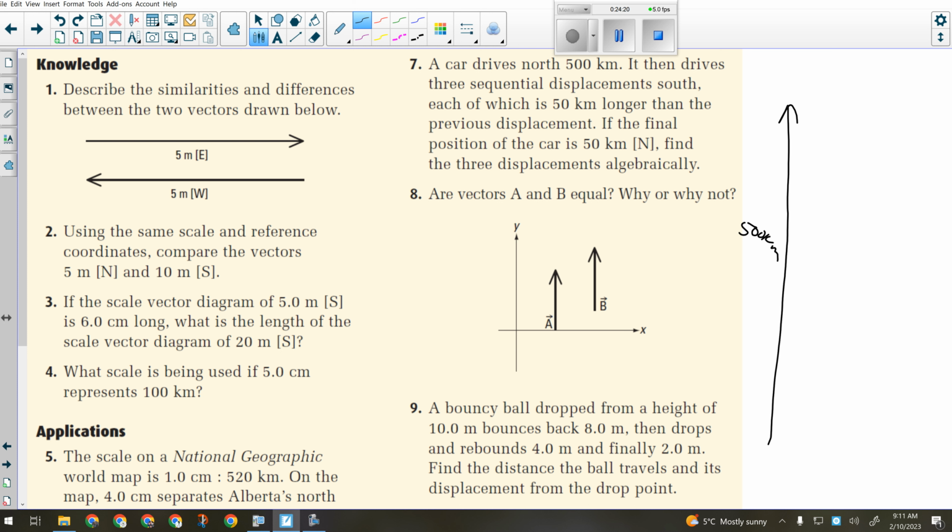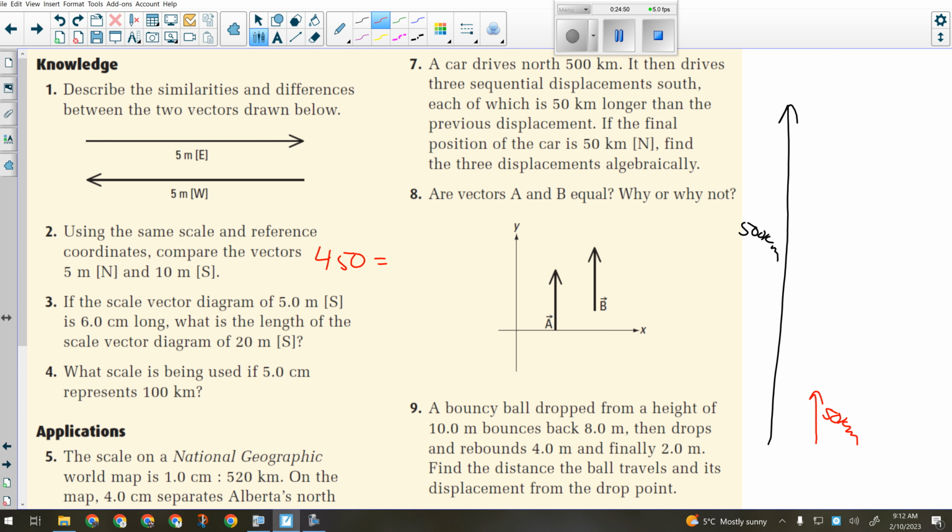So that means its total displacement after this whole trip is this little red line here, which is 50 kilometers. So all 3 segments add up to 450 kilometers south.